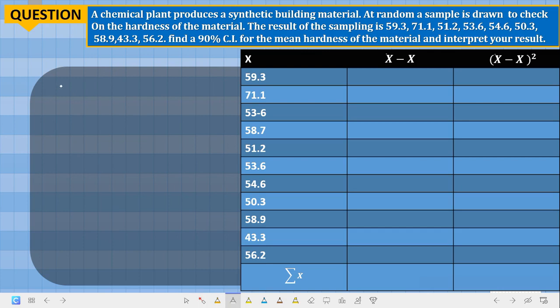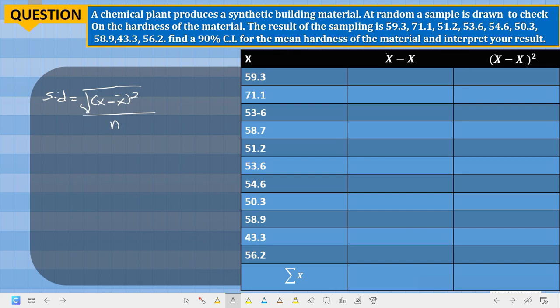The standard deviation, SD, is the square root of the summation of x minus x bar squared, all over n.